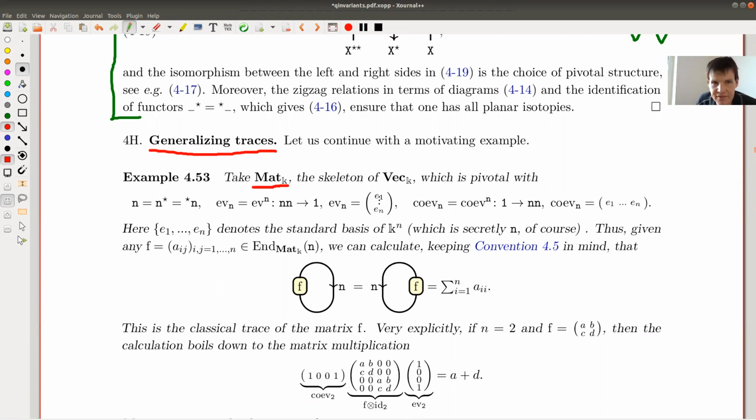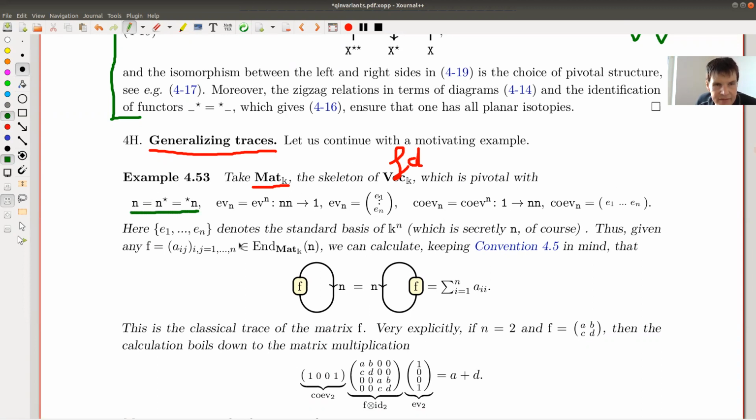You take the skeleton of finite dimensional vector spaces. So this should be FdVect, not Vect. And what is a pivotal structure? Well, it's the following.